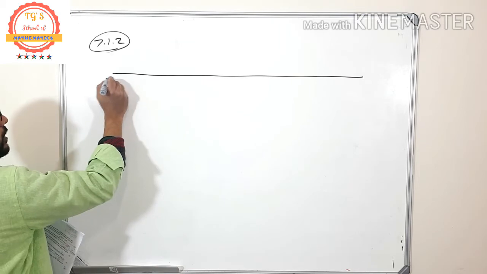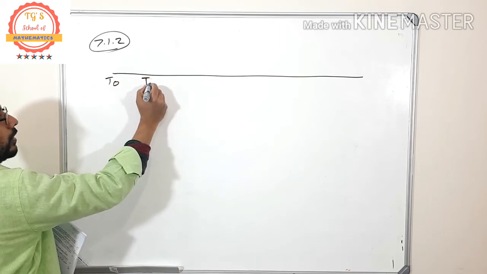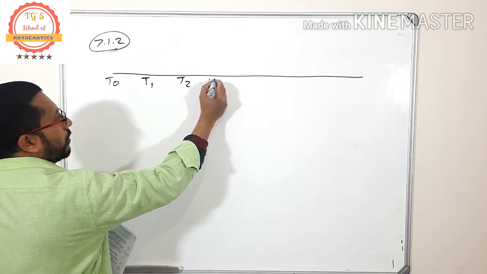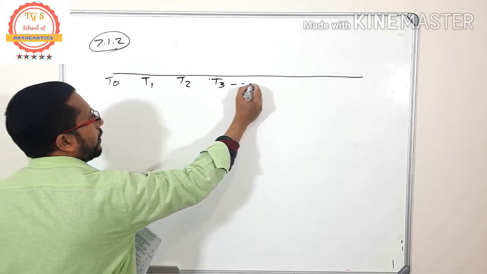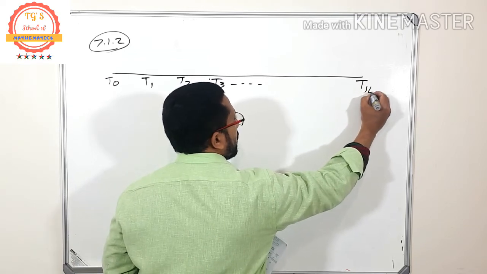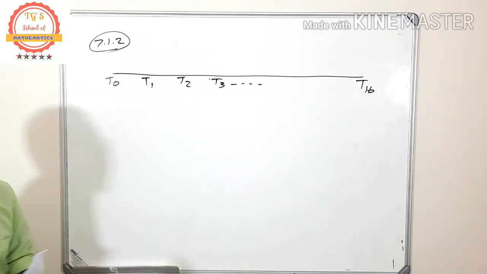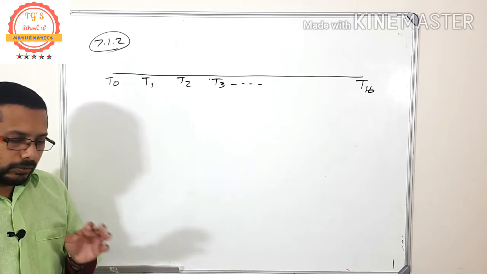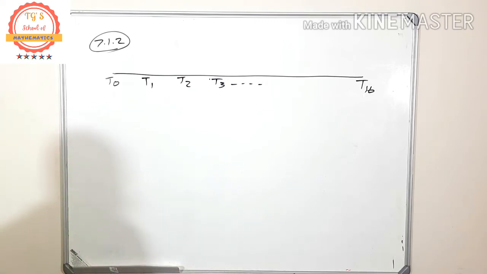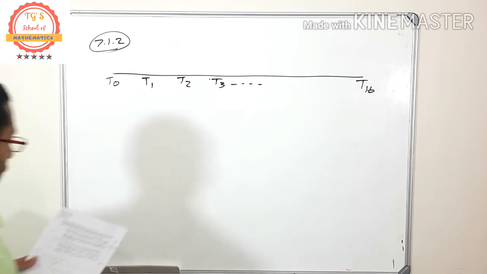This is T0, after 3 months first quarter T1, second quarter T2, third quarter T3, and so on. Then the last quarter, how many? 16. The last, 4 years, T16. Now what is this question? If Selby decided to withdraw 100,000 from the account at the end of 3 years from now.